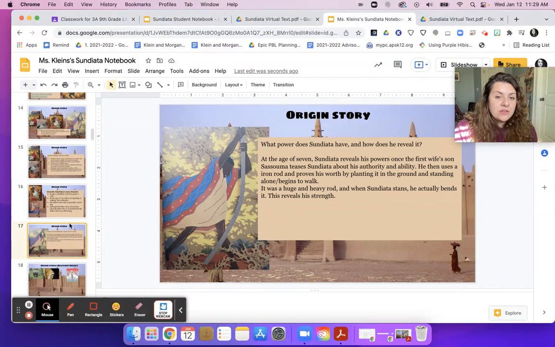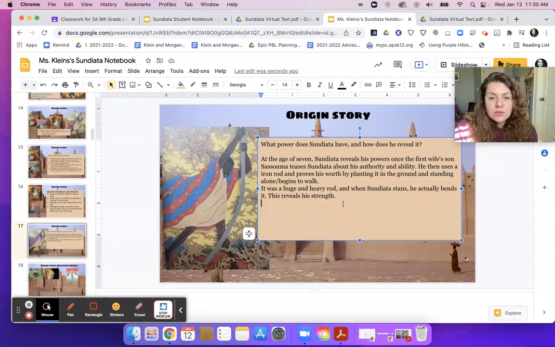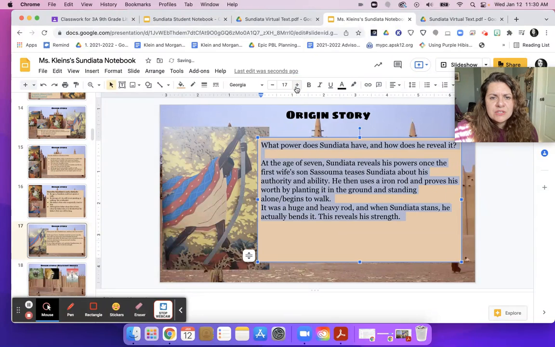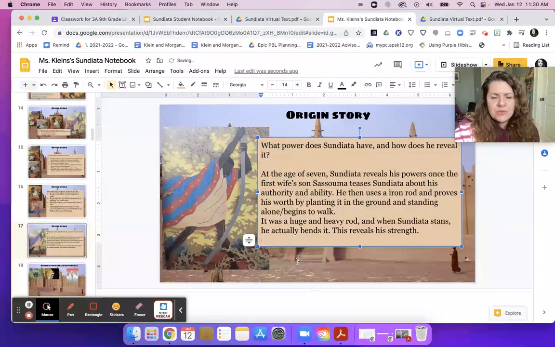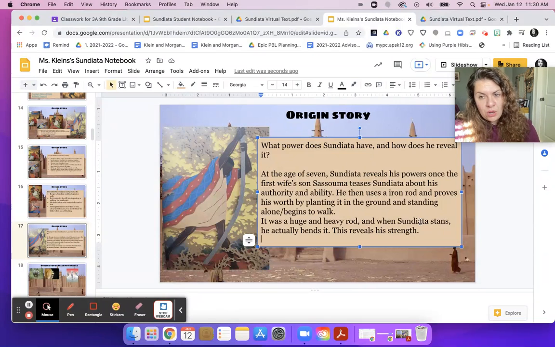All right, but then he reveals his powers when, at the age of 7, his father's first wife is teasing his mother so badly he feels bad about it. So he asks his griot to go get him an iron rod. He sticks it into the ground and pulls himself up to standing and begins to walk.